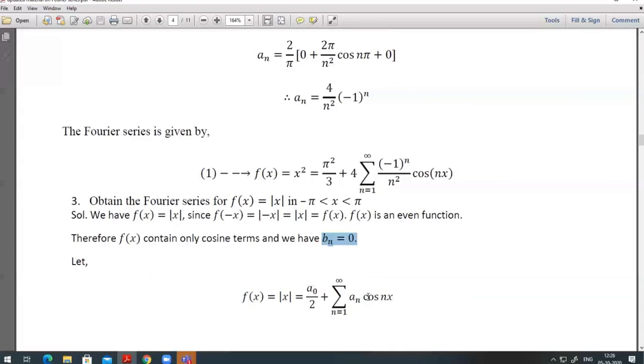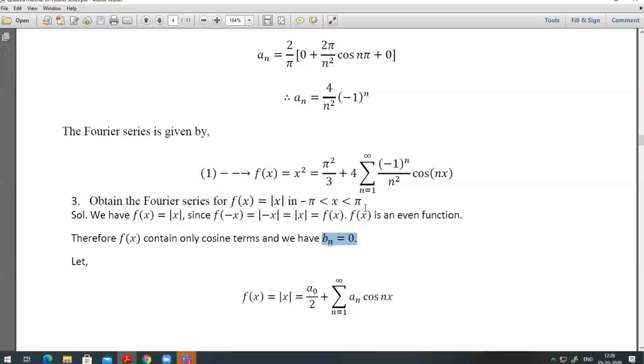As I said, the Fourier series expansion for an even function is a naught by 2 plus summation n from 1 to infinity, and since the period is 2 pi, this becomes cos nx only.